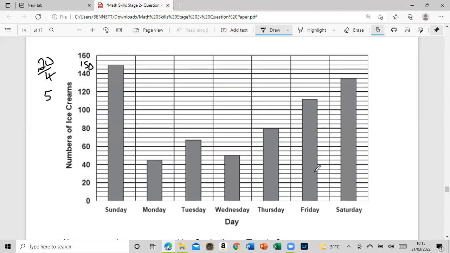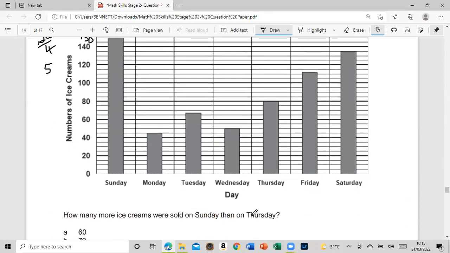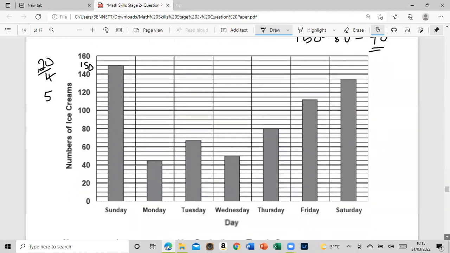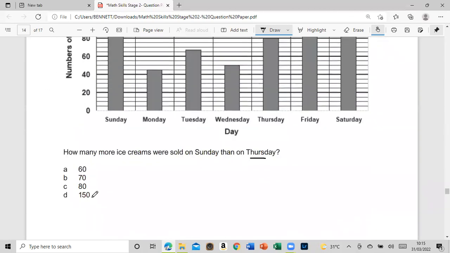Then on Thursday, let's check here. This goes exactly to 80, so exactly 80 were sold. So that's 150, subtract 80 from our reading. So that's 70. So that's the answer.